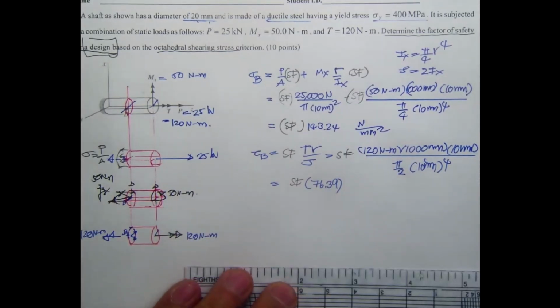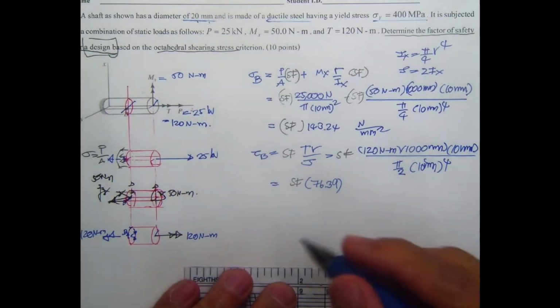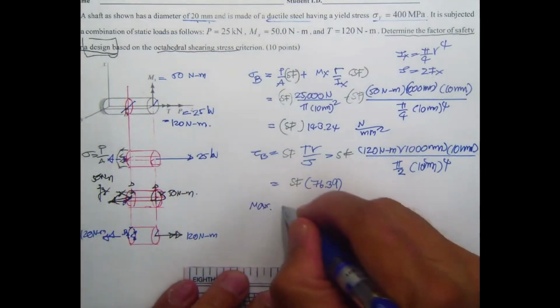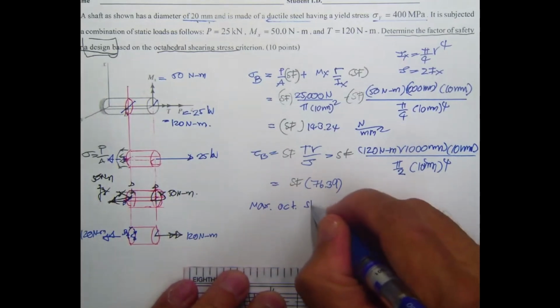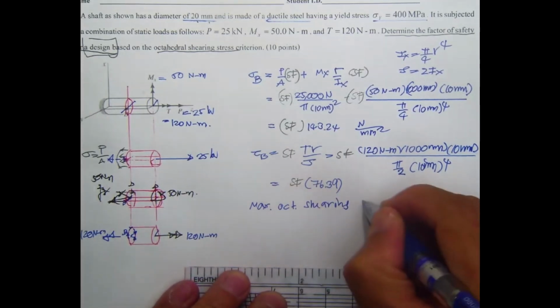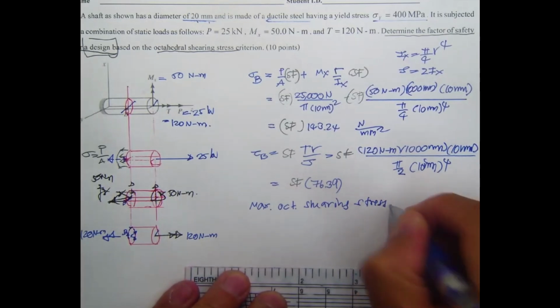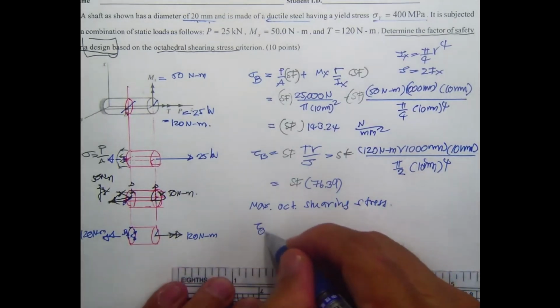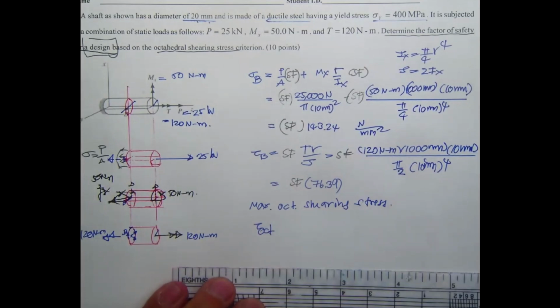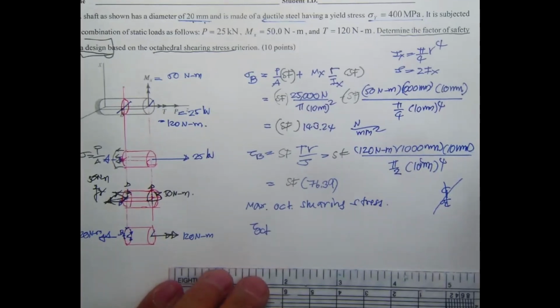Then you have to use the maximum octahedral shearing stress. It depends on what you use. This one you didn't determine; sigma 1, sigma 2, we didn't find them. So our tau octahedral is supposed to be in the form of sigma x, sigma y, sigma z, those kinds of things.